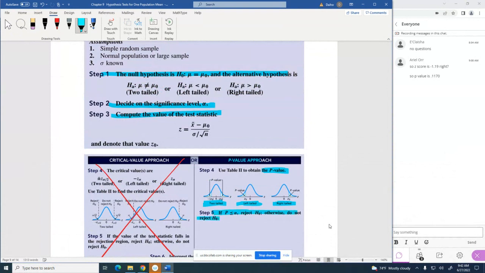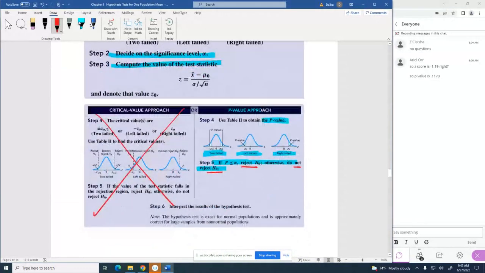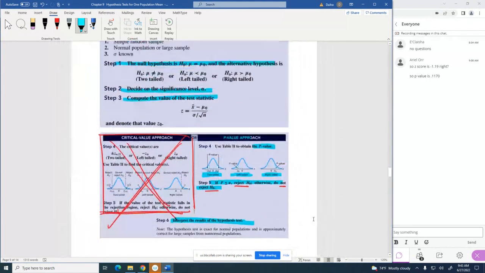And we make the decision, reject the null or not reject the null, right? And finally, step 6, interpretation. Ignore this part. Yeah, finally step 6, the interpretation of the decision.